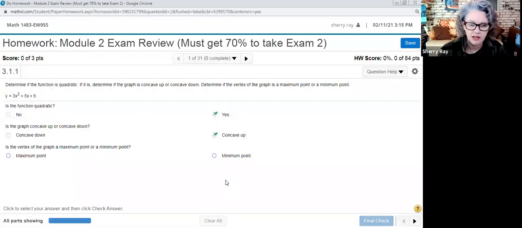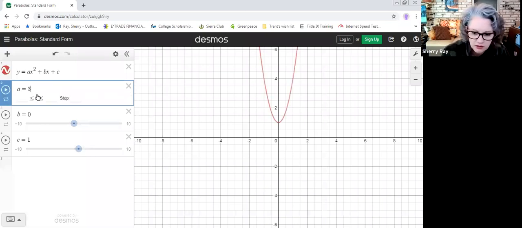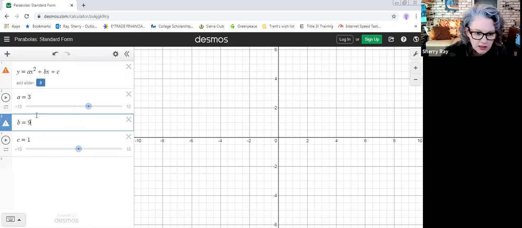Now, I'm going to use my calculator to graph this and show you what I can do. My coefficients are, I have 3x squared plus 5x plus 9. So I'm going to go back to Desmos. And I said 3x squared plus 5x, and I think the last term was a 9.